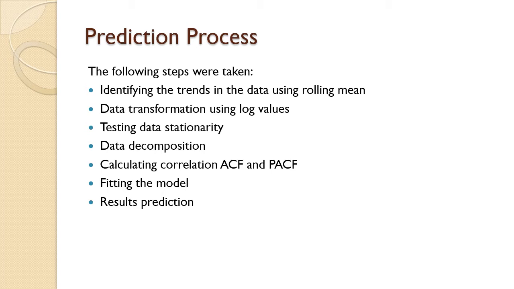By looking at these functions, a plot of different series, we can tentatively identify the numbers of autoregression and moving average terms that are needed for further predictions. And second last, we fit the model, and then the results of the predictions are shown.